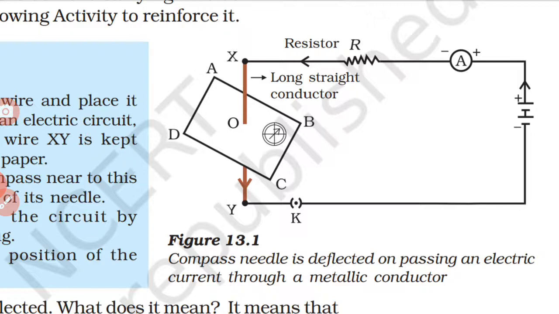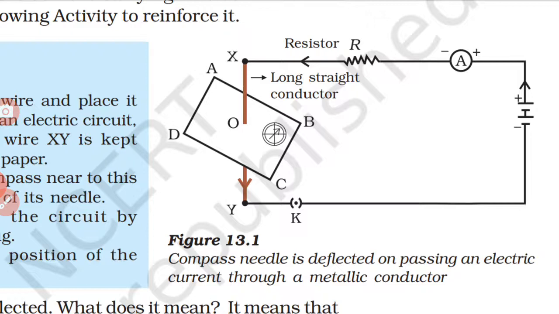Now in the 19th century, a science teacher H.C. Ørsted discovered that a magnetic field is produced by electric current, and other scientists like Michael Faraday and Andre Ampere produced electric current from the magnetic field. Now here we discuss electromagnetism or electrodynamics.